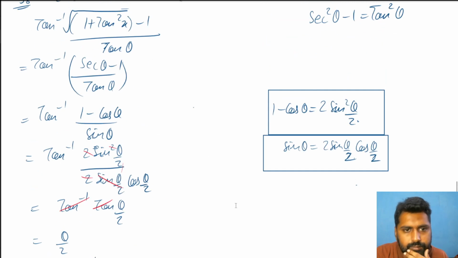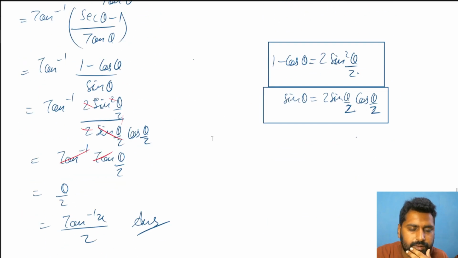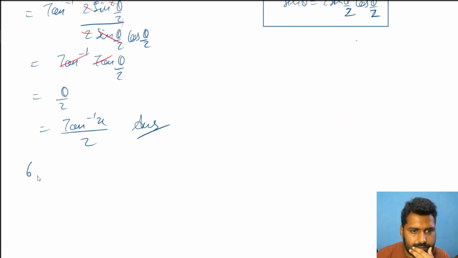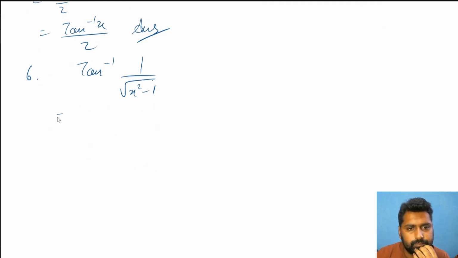All right. Let's look at one more. Sixth one. Tan inverse of 1 upon square root of x square minus 1. Okay. Let's look at this. I told you to use x as sec theta.